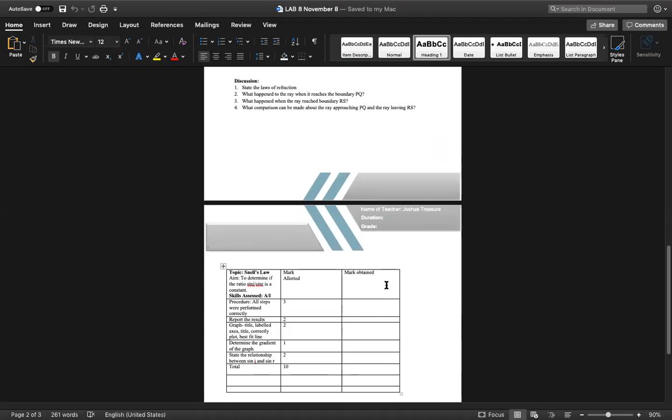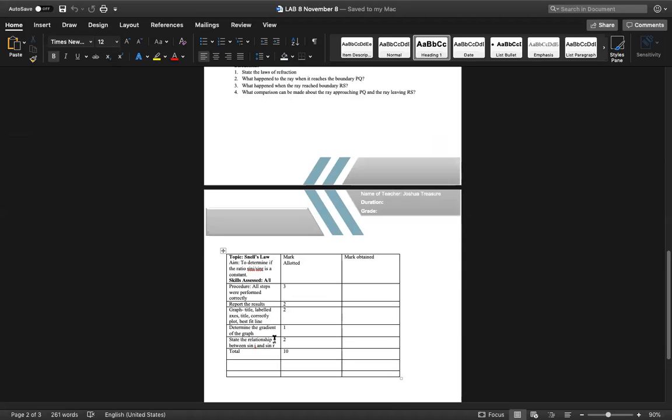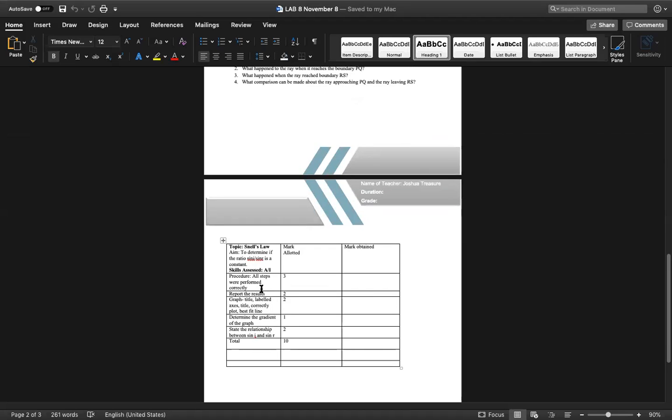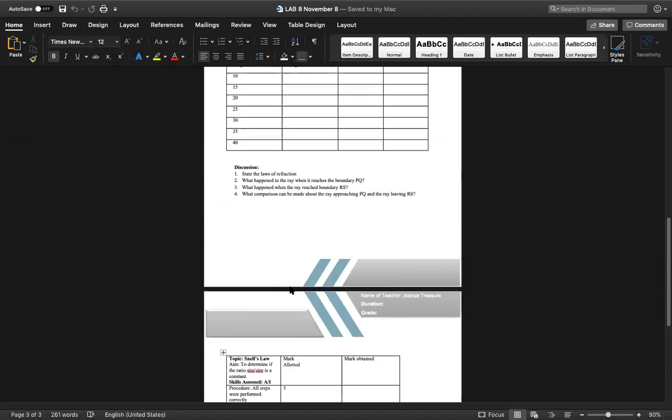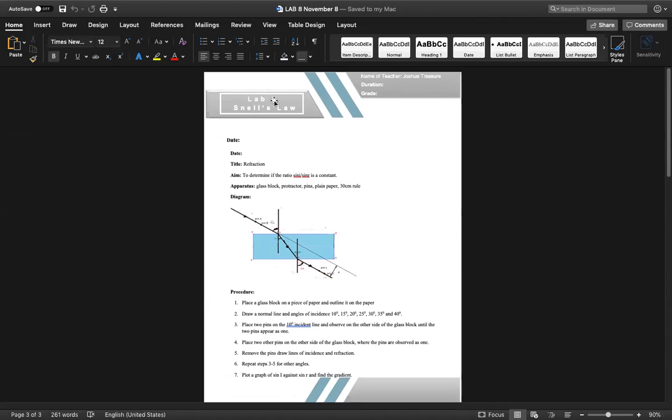Now, the important thing that we want to discuss here is the mark scheme. This is an analysis and interpretation lab, right? This is the first one that you're ever doing. So pay attention to lab 8. Lab 8 is the most important lab right now because you're only going to do 3 of these. You're not doing any more than 3 lab 8s. This is one of 3. All right, so pay attention to this one.